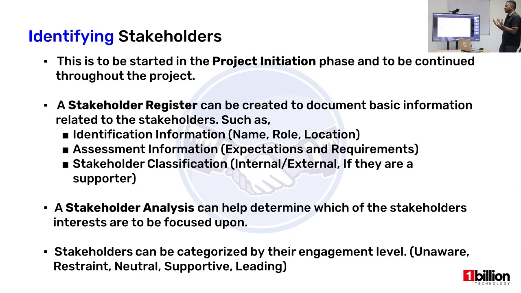This stakeholder register could be really useful to document the basic information of the stakeholder, such as identification information like name, role, or location of this particular stakeholder, or assessment information, like the requirements and the expectations that a stakeholder has.